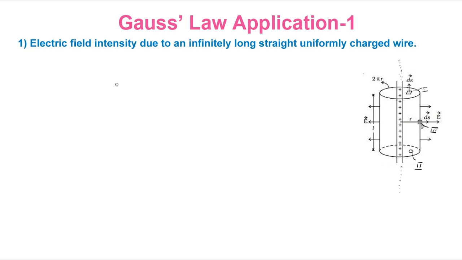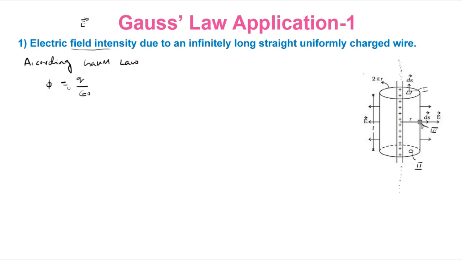Now we have to derive the equation to find the electric field intensity E. Before that, first, according to Gauss law, what does it say? The outward flux in a closed surface is equal to 1 by epsilon naught times the charge enclosed.